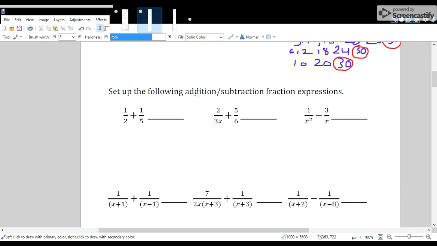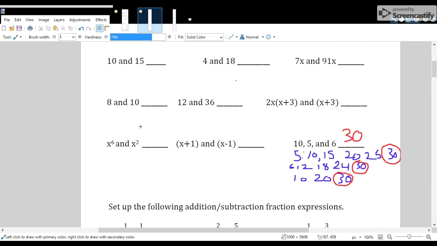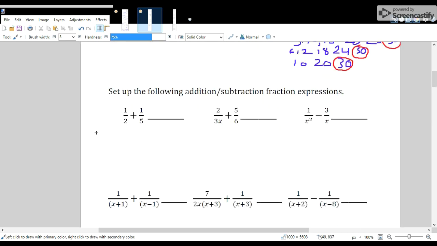Set up the following addition, subtraction, fraction expressions. So from this one, we knew that our LCM was 10. So to get 10, we're going to multiply these by 5 and these by 2. Now you can always multiply this fraction by this denominator and this fraction by this denominator, even though it's not always the least common multiple.